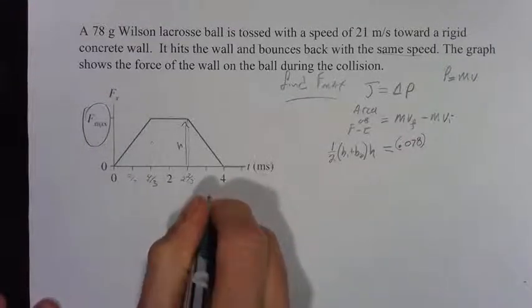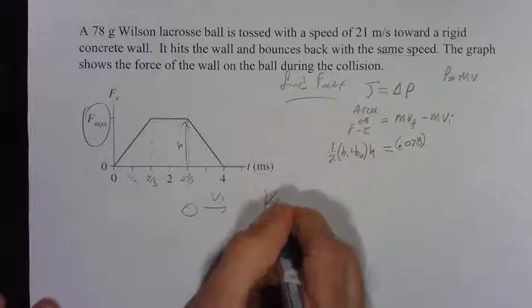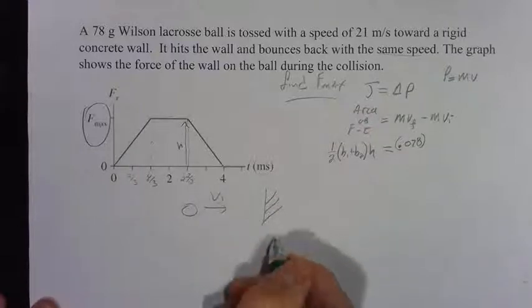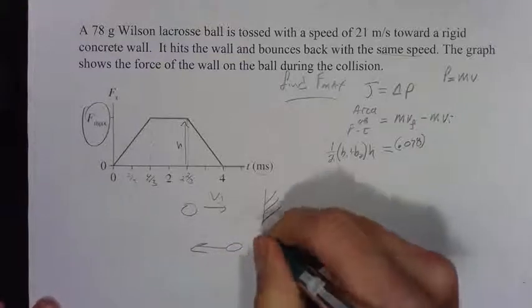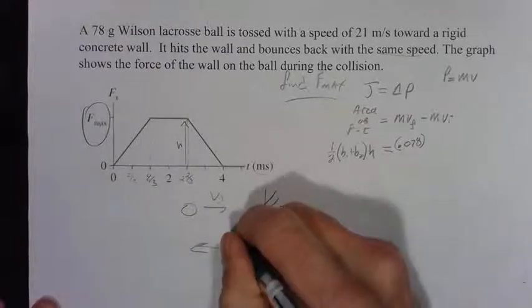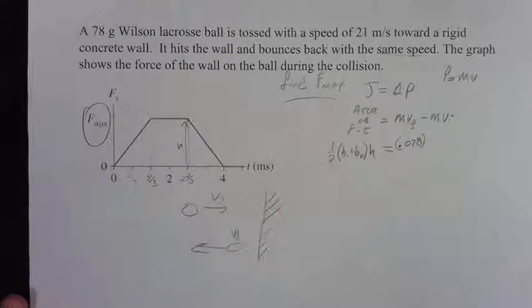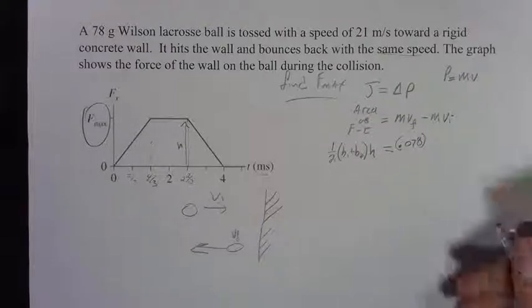So it starts out this way with a velocity initial towards some wall, and then afterwards it's moving that way with a velocity final. So they're opposites. If we take the initial to be towards the right, then the final would be towards the left.